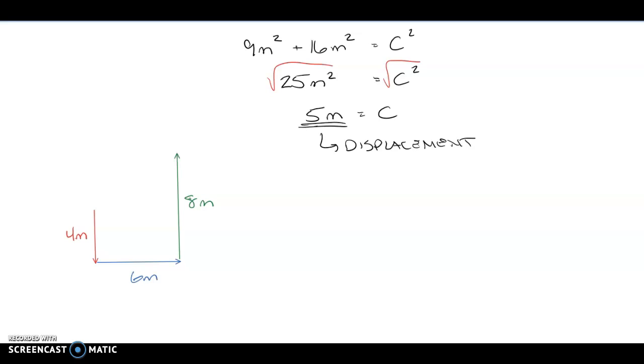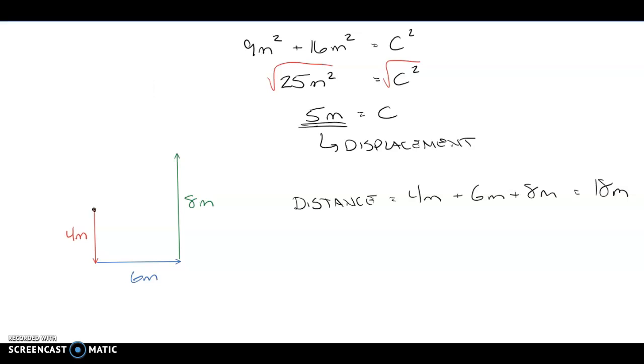What is my displacement? Well, my distance would just be 4 meters plus 6 meters plus 8 meters. It would be 18 total meters of distance.